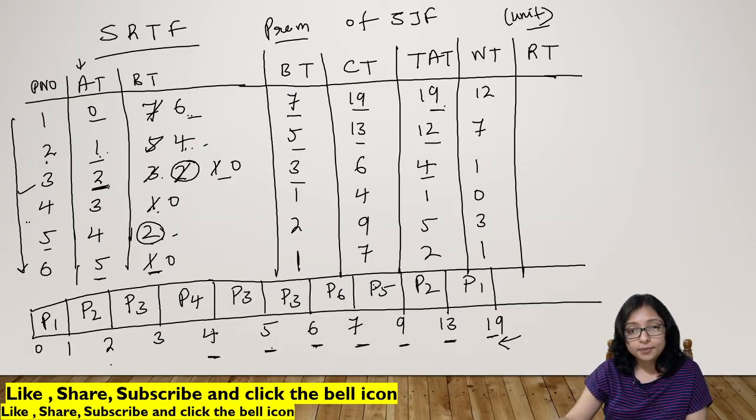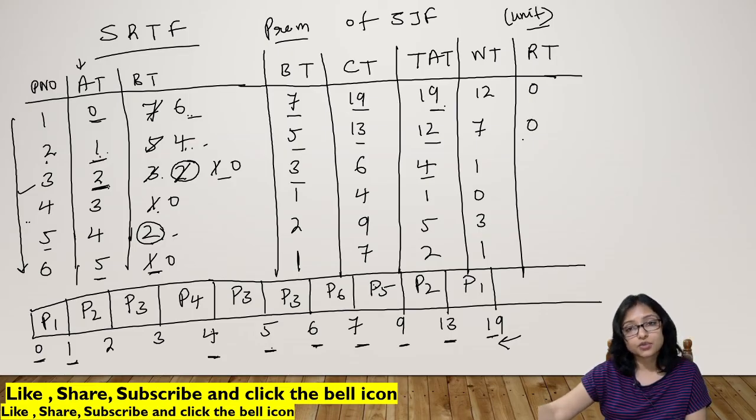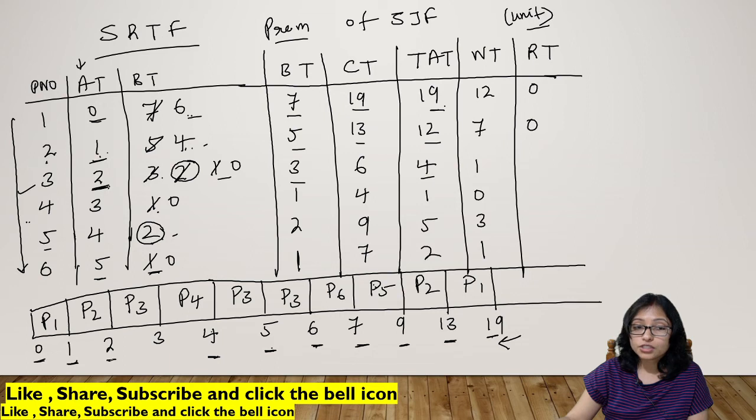Because P1 gets the chance at 0 when P1 arrived at time 0, so 0 minus 0 is 0. P2 gets the chance first at 1 and it arrived also at 1, so 1 minus 1 is 0. P3 got the chance first at 2 and it arrived also at 2, so that's why it is again 0.